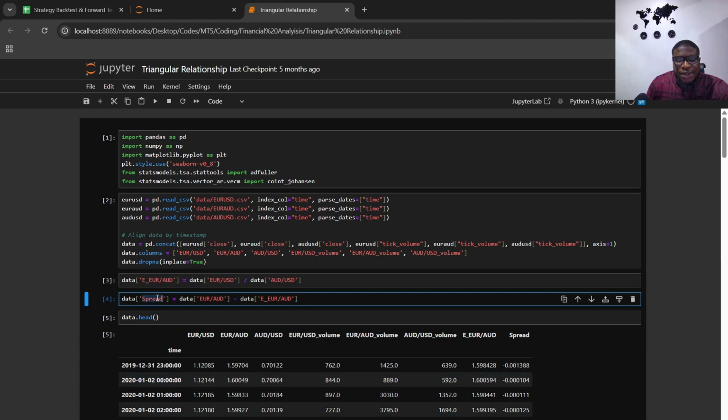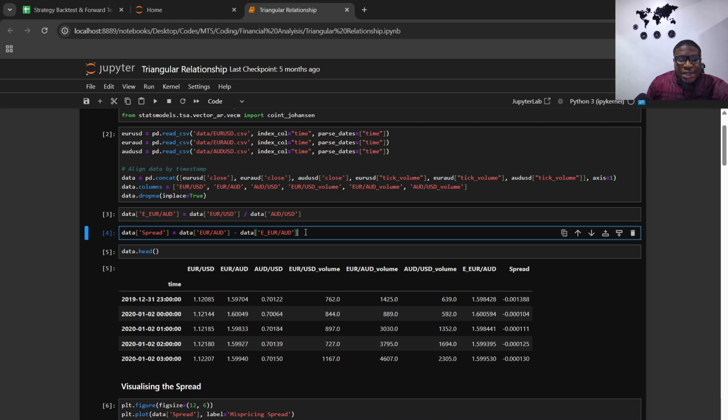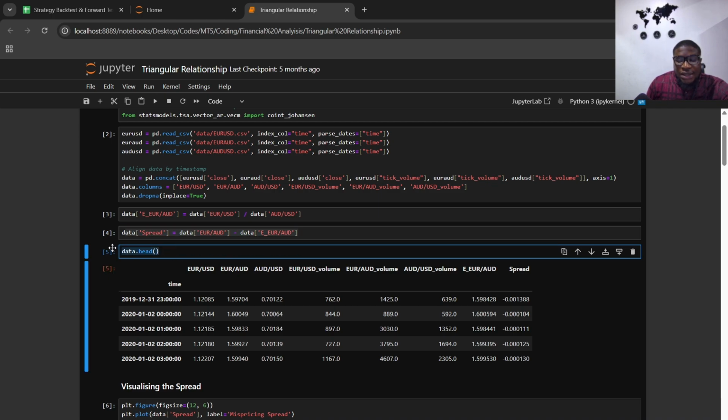And then the spread would be what Euro AUD actually is minus what Euro AUD is supposed to be, which is why I indicated expected Euro AUD here. We do that here, and then we get the head of our data frame. You can see our research was done from 2019 down to 2025.